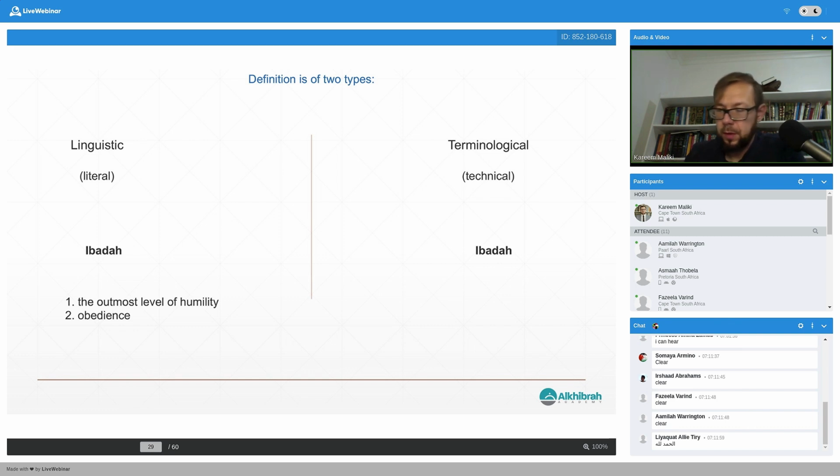For example, in the sense of obedience it is used in Surah Yasin: Did I not enjoin upon you, O children of Adam, that you not worship Satan, that he is to you a clear enemy? You shouldn't make ibadah to shaitan, but ibadah here means obedience. You should not obey shaitan.